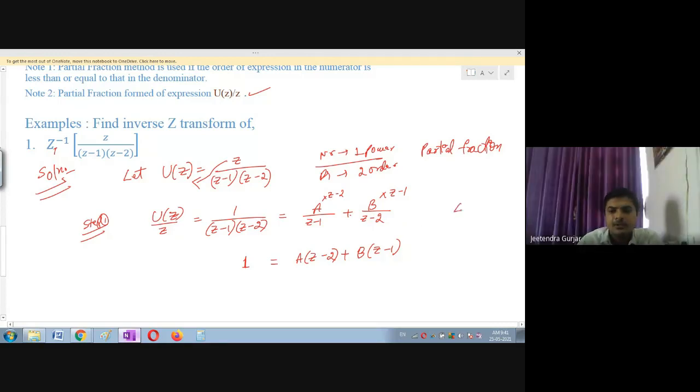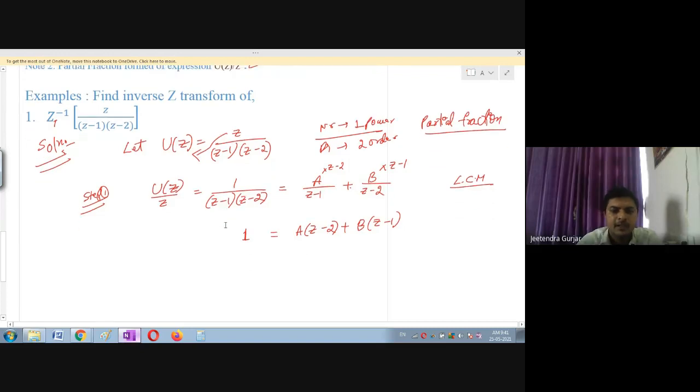Again by using LCM, students, this is done. So please be perfect in LCM as well as partial fraction. So till here everything is clear. Now I want to find A and B. So I will just simplify this. I can do it very easily directly, but for your understanding, I am writing all the steps and telling you.